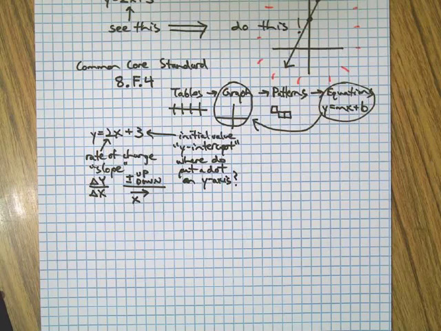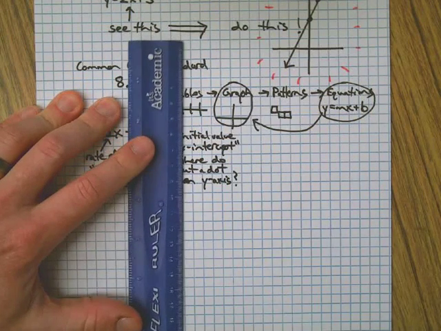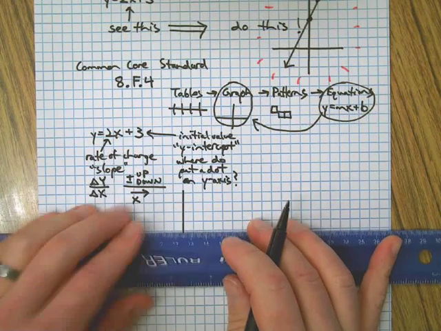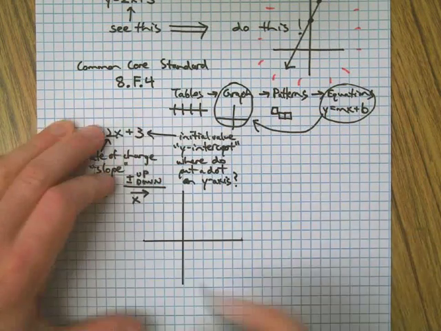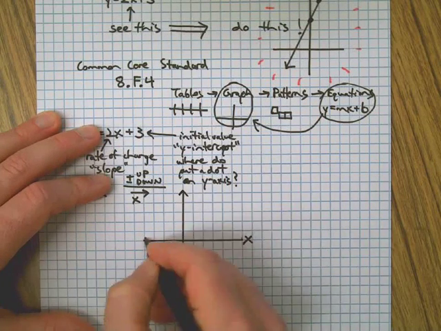So, you get out the ruler, make a y-axis, make an x-axis. X is horizontal, y is vertical. You already knew that.